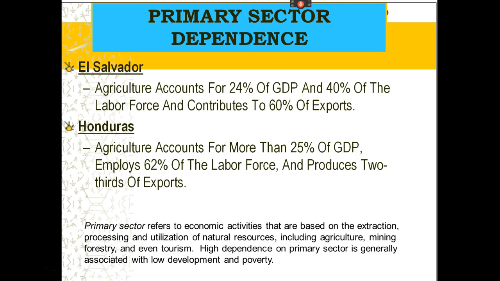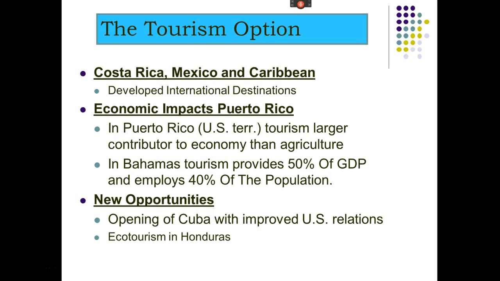That's extremely high, considering that California, as an agricultural state, has about 3% of its population working in agriculture, largely because of the high degree of mechanization that is part of our agricultural economy. Of course, tourism, very important as well. Some of the highly desired tourism destinations.